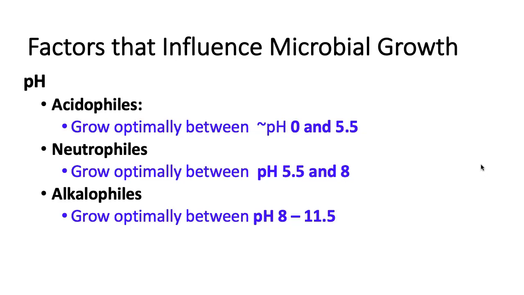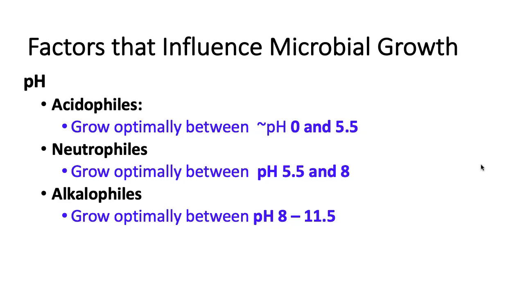Acidophiles will grow optimally between pH of 0 and 5.5. Neutrophiles will grow optimally between pH of 5.5 to 8, whereas alkalophiles will grow optimally between pH of 8 and 11.5.